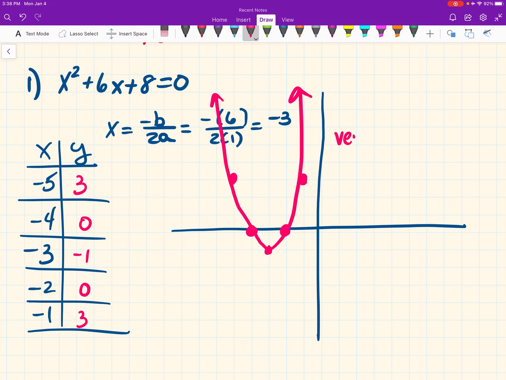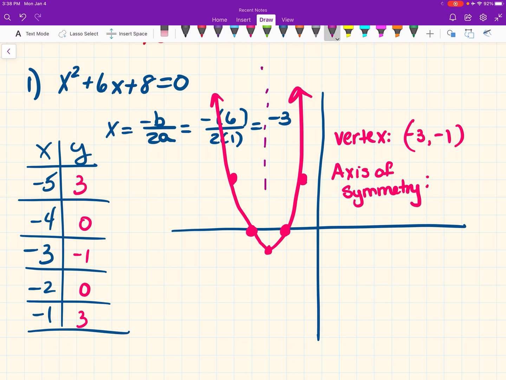And then we have to answer the questions. Vertex is going to be negative 3, negative 1. It's that center point. Axis of symmetry is what we figure out at the very beginning. That's our starting point. It's the line through the middle, and that's x equals negative 3. Make sure you put x equals.